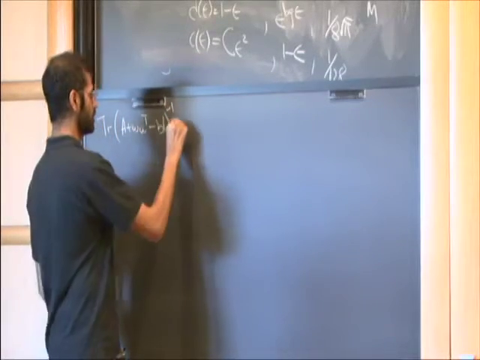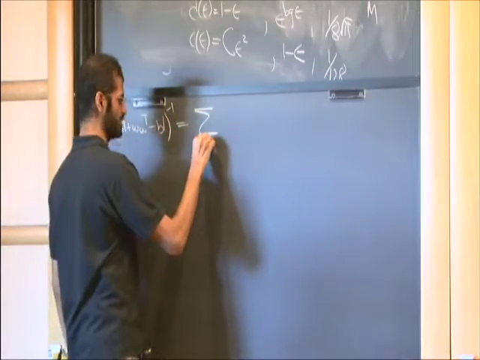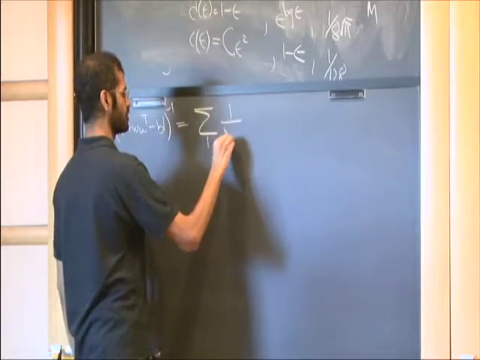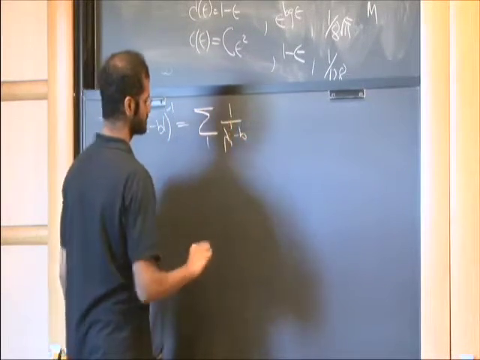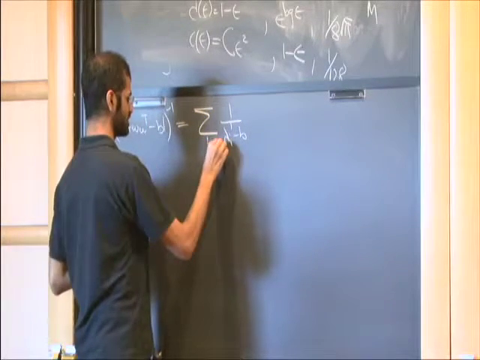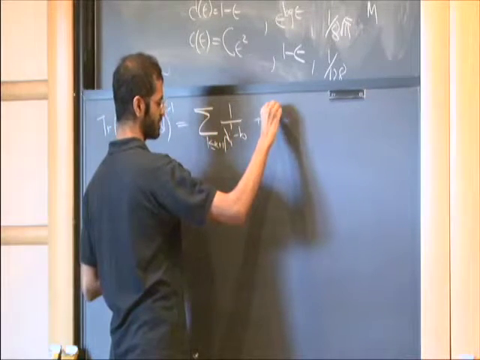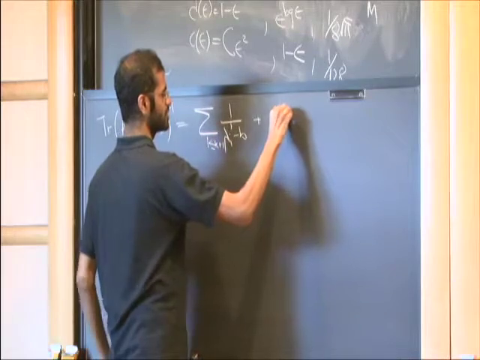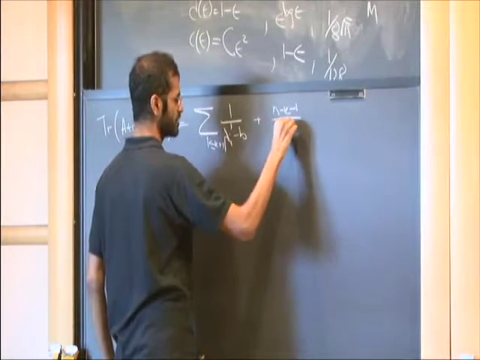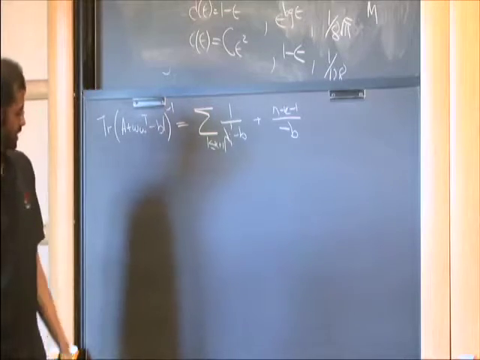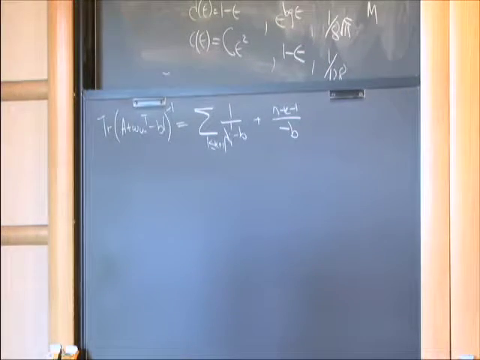This is equal to the sum over i of 1 over lambda i prime minus B. For i less than or equal to k plus 1, this is 1 over lambda i prime minus B, plus for the zero eigenvalues, I know exactly what they are: n minus k minus 1 terms which are just minus 1 over B. I can write the trace for A more carefully as well: there are k terms corresponding to non-zero eigenvalues, and then n minus k terms that are just minus 1 over B.